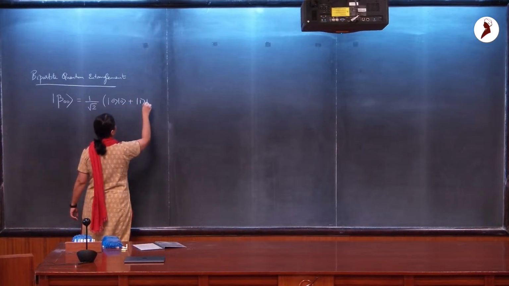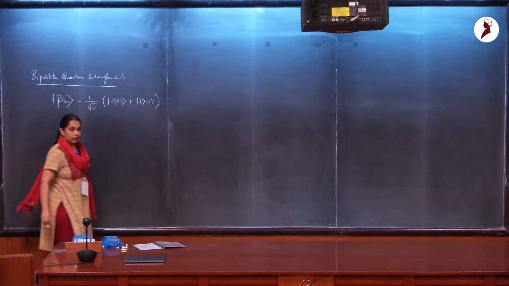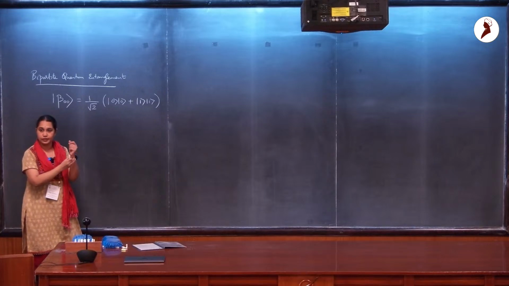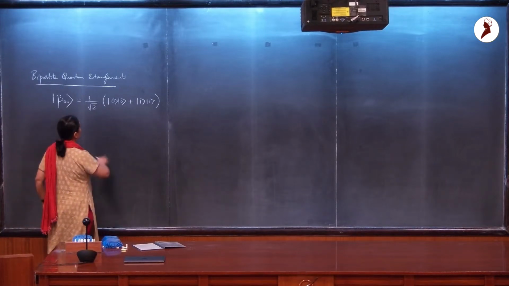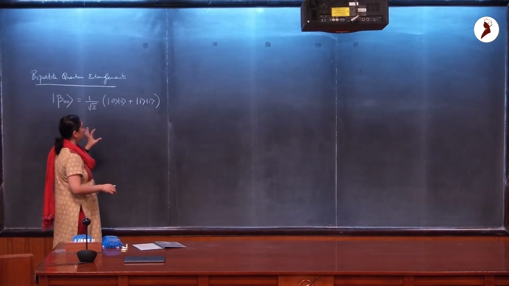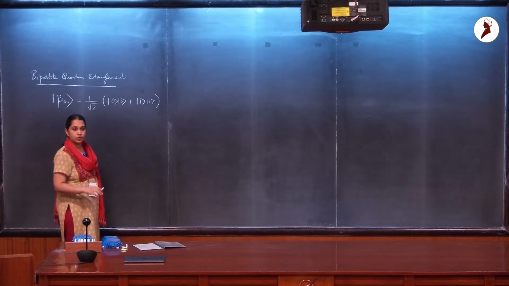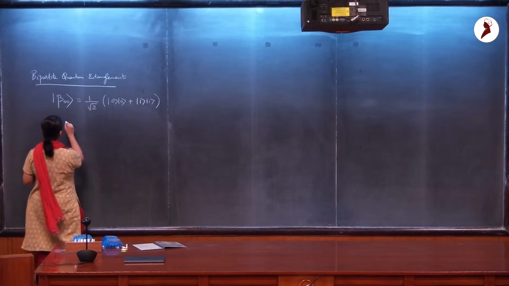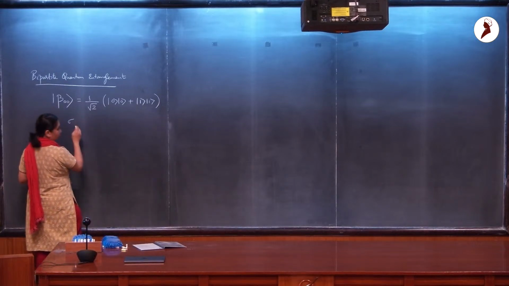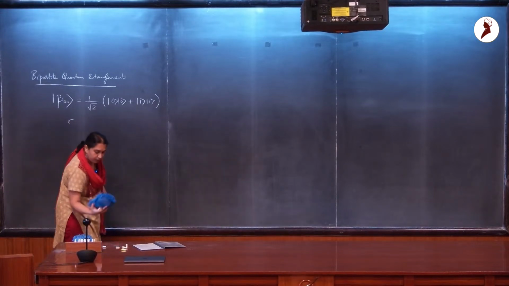So let's look at this state a little bit more closely. I want to set up some convention here as to what the 0 and 1 state actually mean for me. So I'm going to write down this sigma z operator.